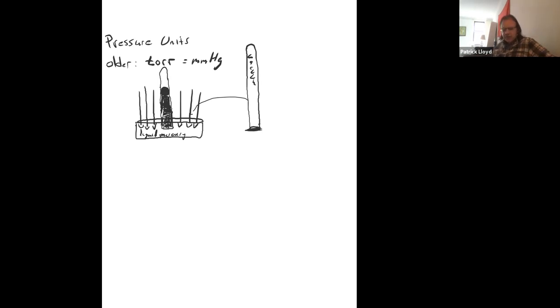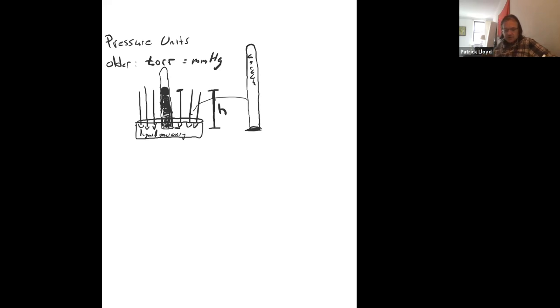And here's the cool thing about this. The height of this mercury, so what is the height? The height is the distance between where the tube begins and the maximum.